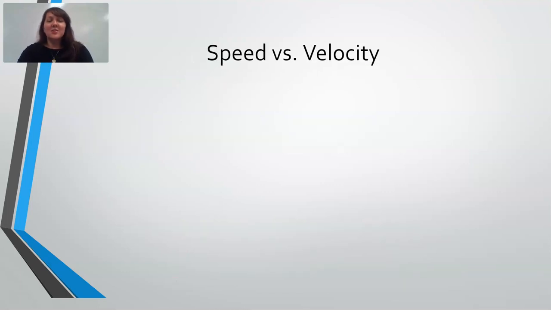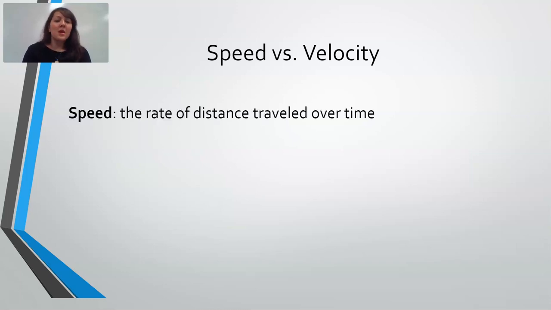So let's slow down for a minute and talk about velocity. You probably don't normally use the term velocity in your everyday life. You're more likely to talk about speed, and they're similar, but with some slight nuanced differences. Speed you probably know of as the rate of distance traveled over time. So how far can you go per second, or per hour, or per year, some unit of time.